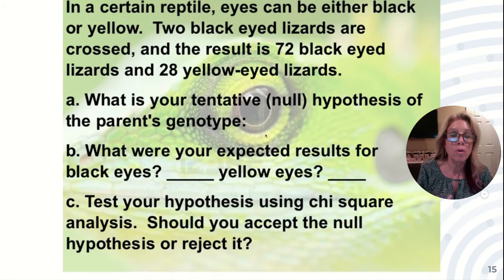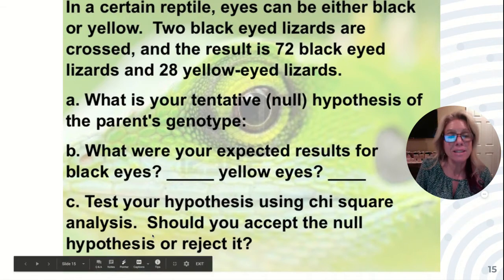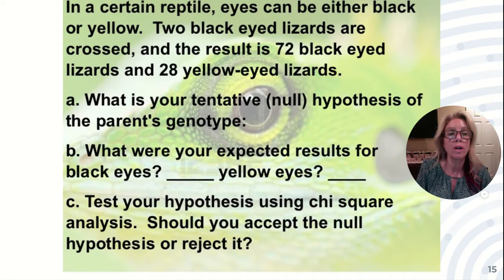So what is your null hypothesis? How do you think this is inherited? What are your expected results? What did you think you would get based on your null hypothesis for black and yellow eyes? And then test it with your chi-square. I encourage you to pause this video right now and try this on your own. I will certainly give you the answer, but try to do this on your own.